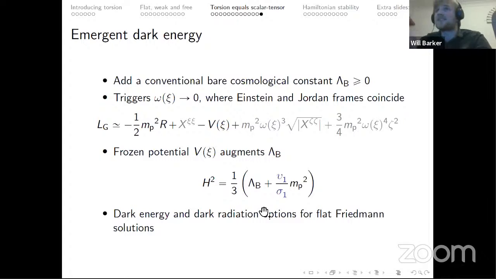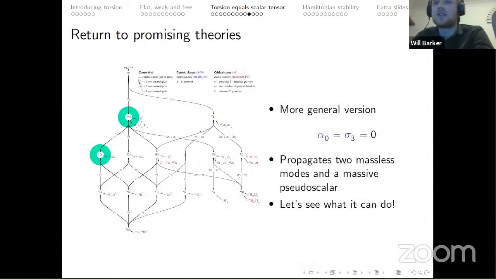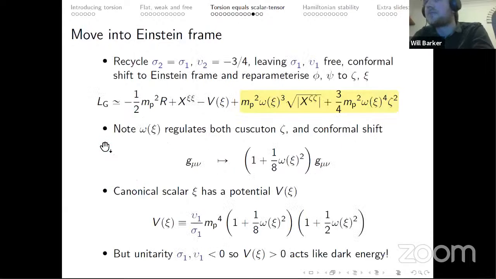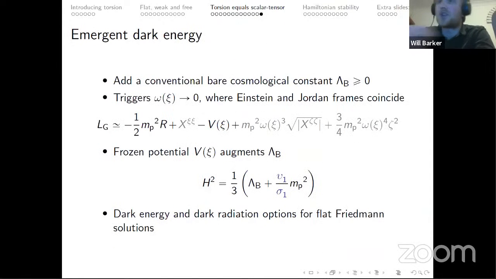And I should also add that this more general case actually inherits all of the other good properties of this theory down here. So we've still got the flat Friedmann solutions. We've got the option to add this dark radiation tuning in the early universe. And now we've got a way to modify the amount of dark energy as well.